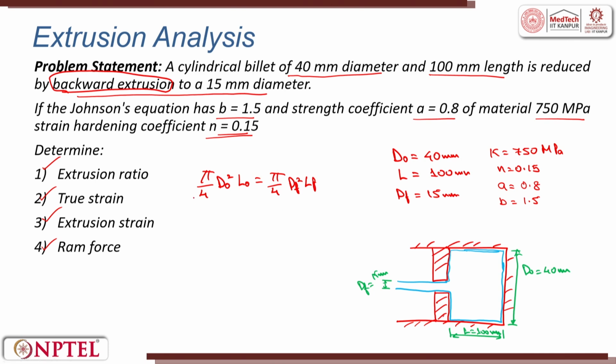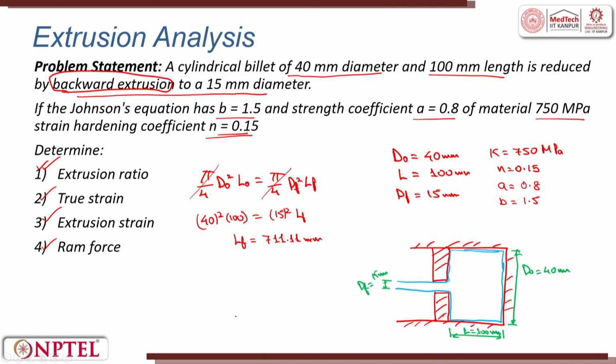Putting in the values, pi by 4 cancels on both sides. I get 40 squared into the initial length, that is 100, is equal to 15 squared into the final length. This gives me the final length as 711.11 millimeters.